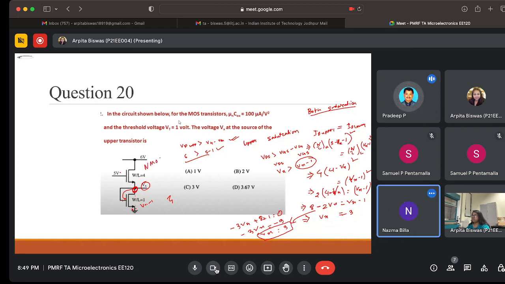So here the drain is VDD, 6 volts, and 5 volts is the gate, and here we have to find out the Vx. So what is your doubt here? Source is given Vx. Yes, and this is connected with the lower drain, which is connected with this gate also.